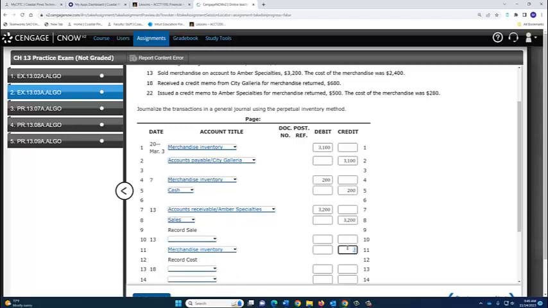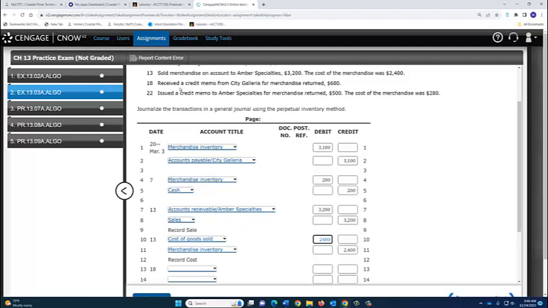We sold it, and it is going to be a part of the cost of goods sold. So with the perpetual method, we don't have to do the long calculation for cost of goods sold like we do under the periodic method, because our cost of goods sold account is already calculated for us.